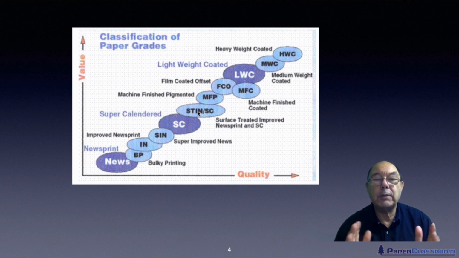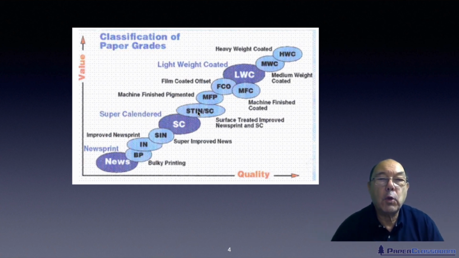So if you were asked to remember 3 grades down at the bottom end of the quality scale, then the things to remember are newsprint, improved newsprint, super improved newsprint. At the top end of the scale, you're talking really about coated papers. So we have LWC, MWC, HWC. LWC, lightweight coated.